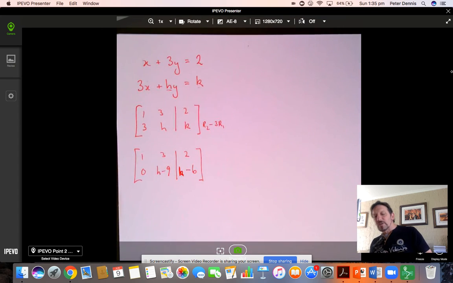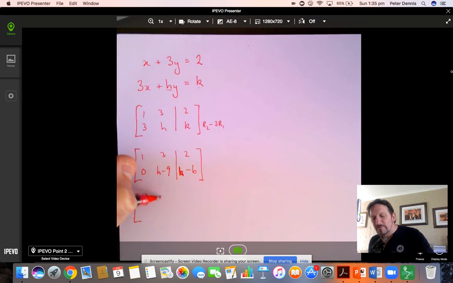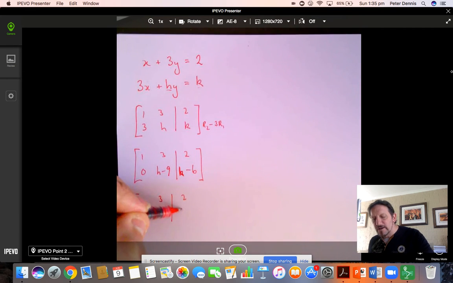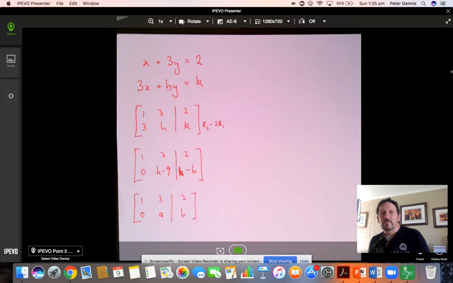Now, what we want to happen is if we have something like this, 1, 3, 2, 0, with a number here and a number there, then everything's okay, and we'll get one unique solution to this problem.